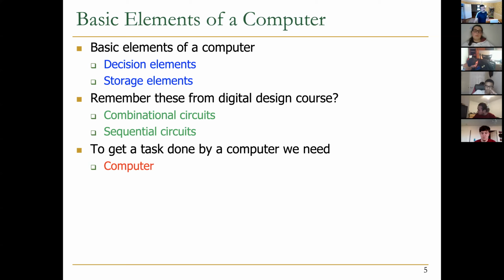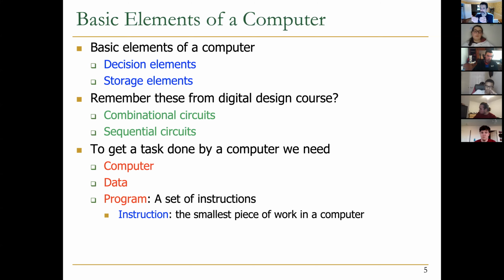So we need a computer, we need data, and we need a program in order to accomplish a task. And you know that a program is a set of instructions.